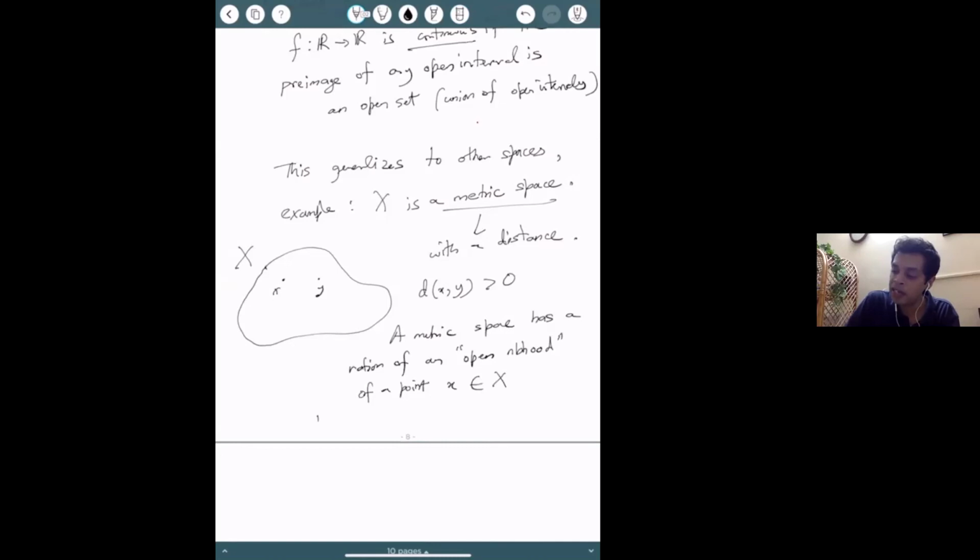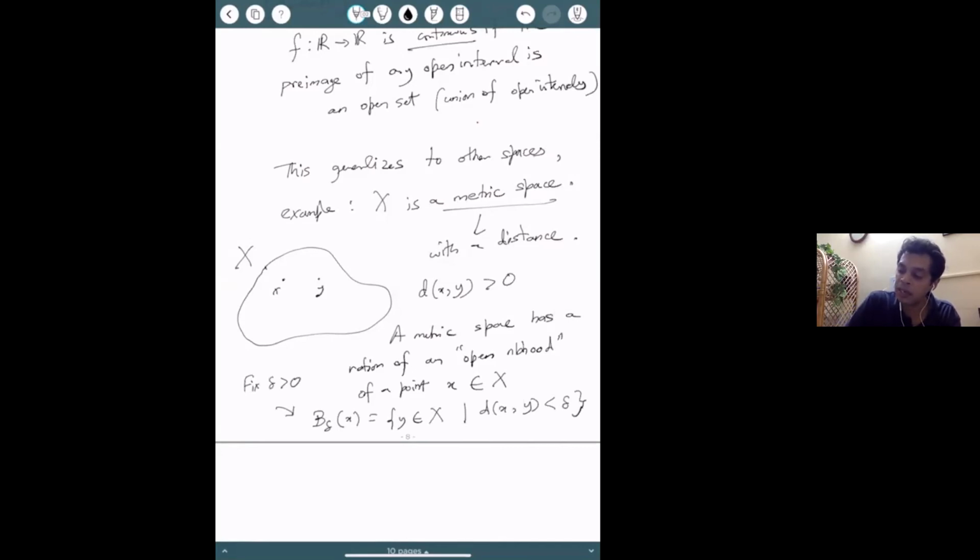Well, for any delta, I can look at all the points y in the space such that the distance of x and y is less than delta. Okay, so this is the open neighborhood I'm talking about. So fix a delta bigger than 0, and then you look at this.